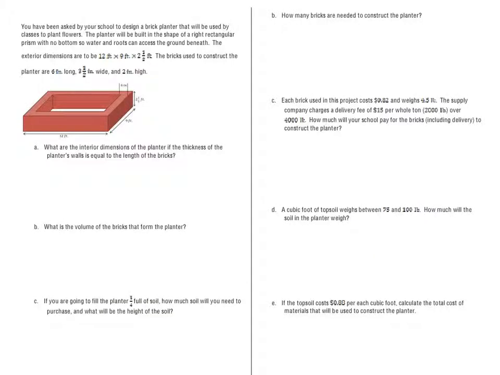All right, looking here on the other side, we've got a similar problem. We see a similar shape. One thing that I'm going to note about this problem before you get started is that in order to do some of the work here, we're going to want to think about this in cubic inches.